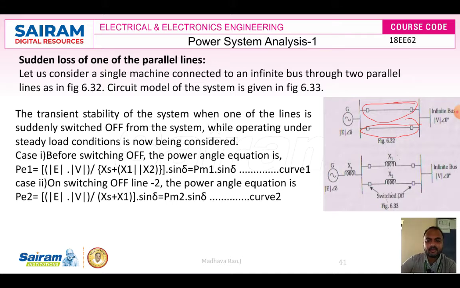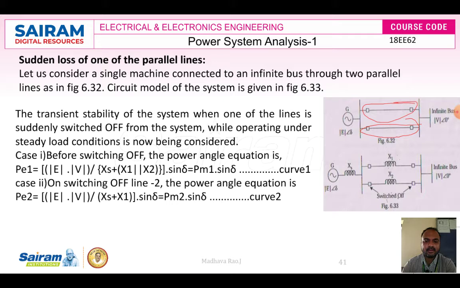Okay. So, first case, before switching off, the power angle equation, before disconnecting one of the lines, is PE1 equal to modulus of VE modulus of V by XS plus X1 parallel X2, into sin delta.